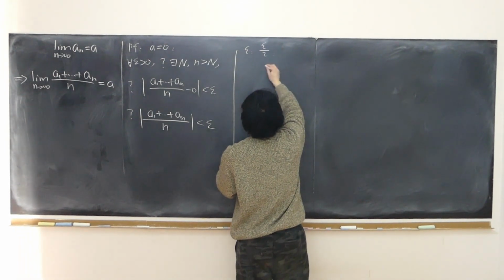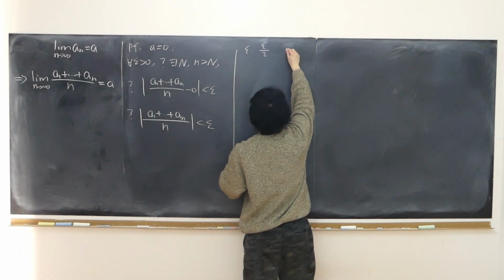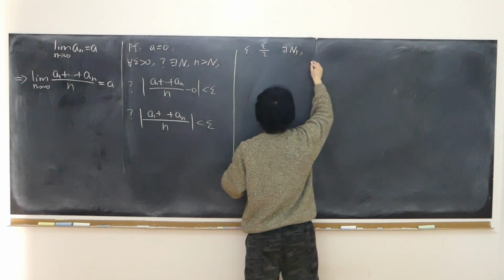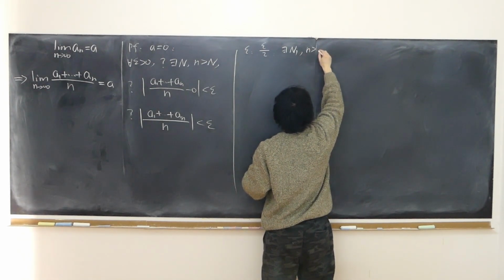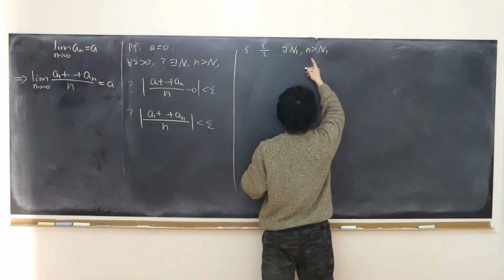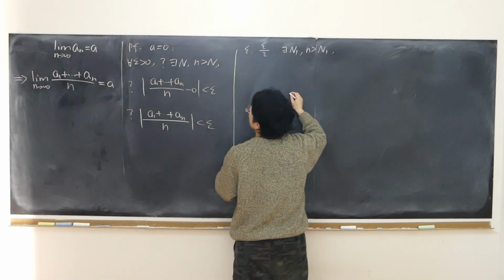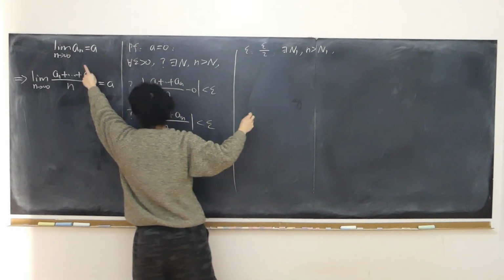So I can already find a capital N1 that's large enough so that when little n is larger than this capital N1, then I can always have that An is close enough to A.